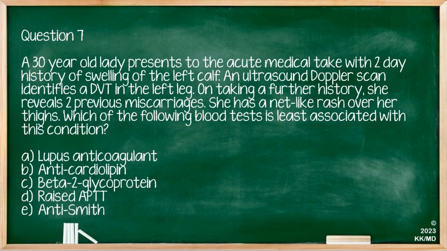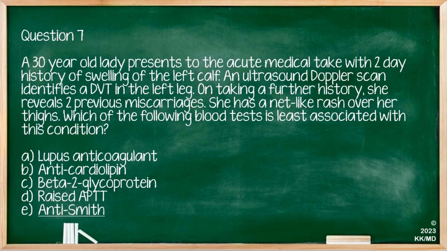If you're having a clot in your body, it's not uncommon to have raised APTT as a result of that, which by diagnosis of exclusion, even if you're unsure about what anti-Smith is, would leave option E, anti-Smith, as the least associated with this condition.